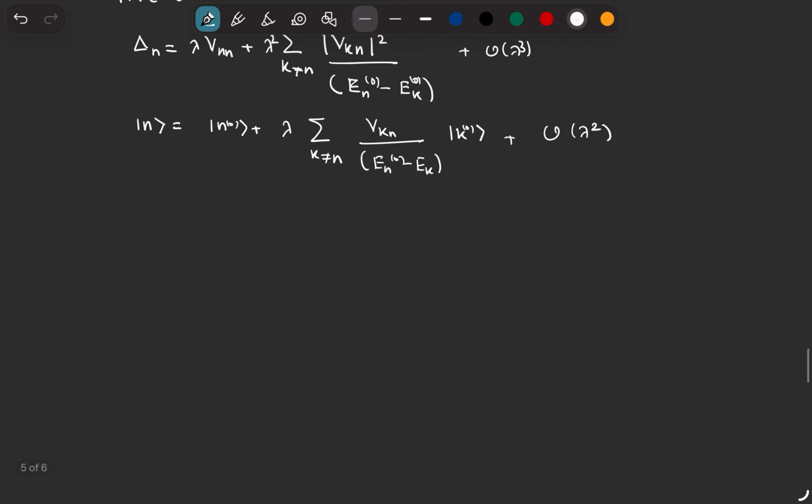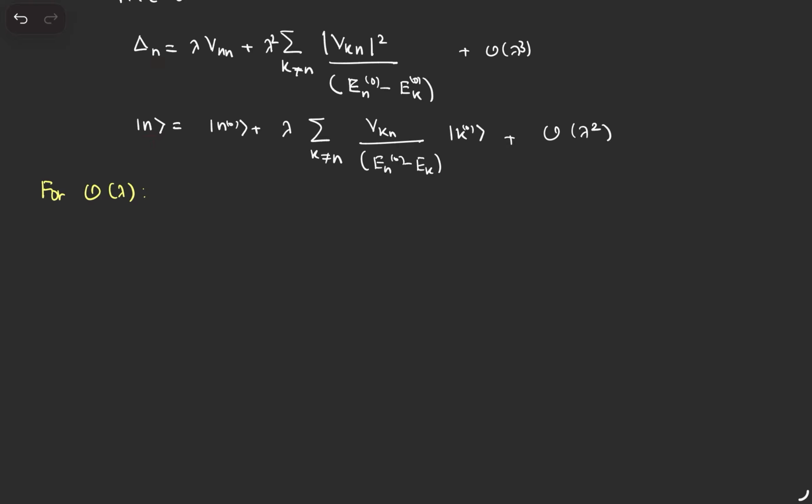Let's compute, first of all, the energy shift up to first order. For the first order effect we have to compute this, and we just want to compute it for the ground state. We don't want to go higher, because this index n means you can compute it for any energy level.